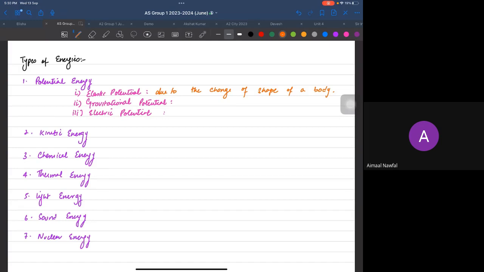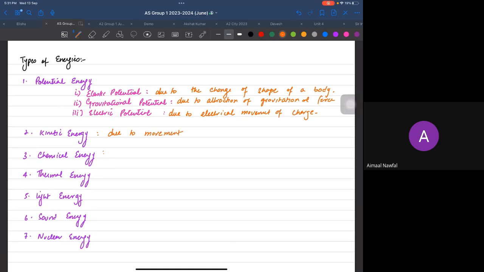Then gravitational potential is due to the attraction of gravitational force, or work done against that. Then electric potential is due to electrical movement of charge. Finally, we have kinetic energy. This is due to movement.